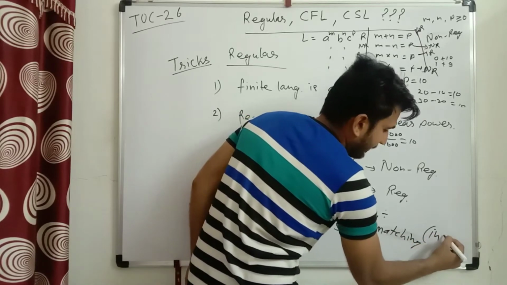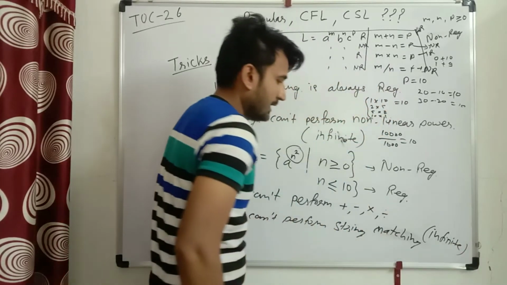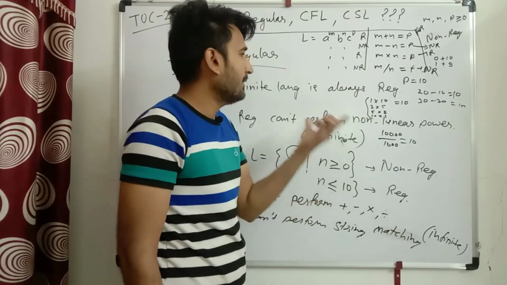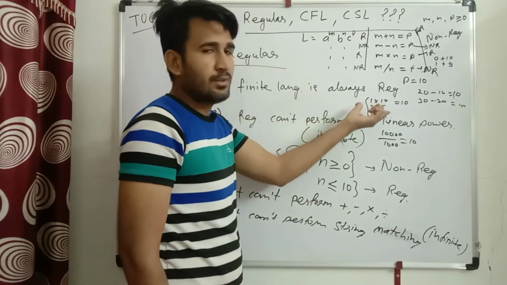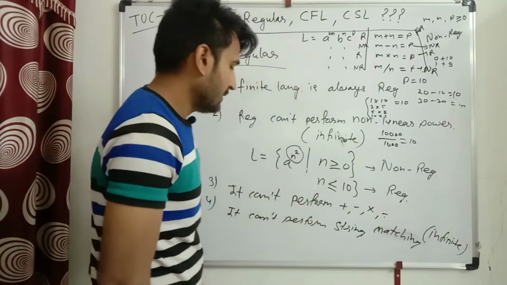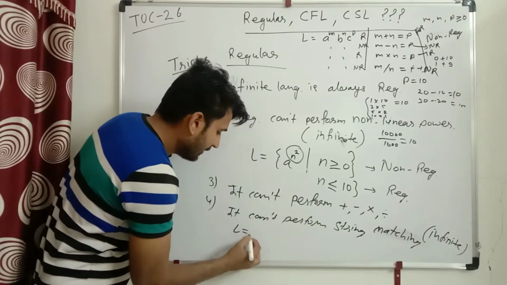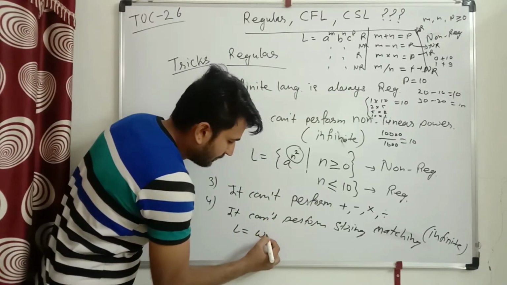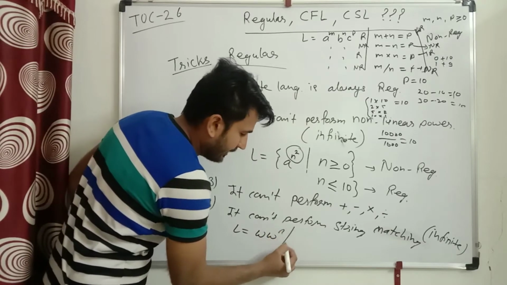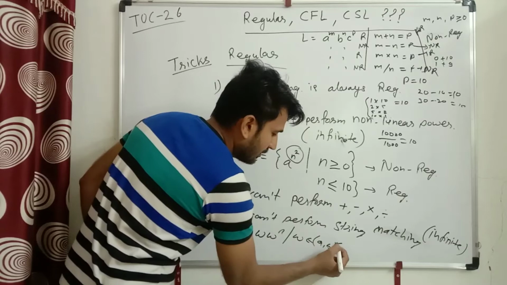For infinite language, finite language is always regular. I mentioned infinite, so which type of string matching? Let's say L equals W W^R, where W belongs to {a, b}*.